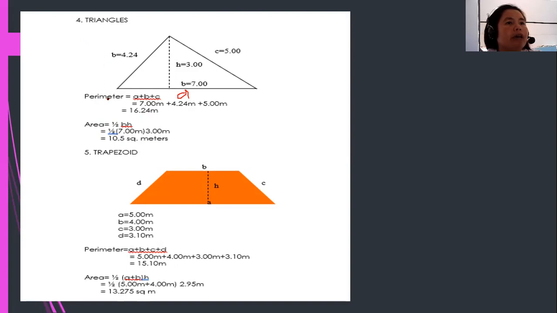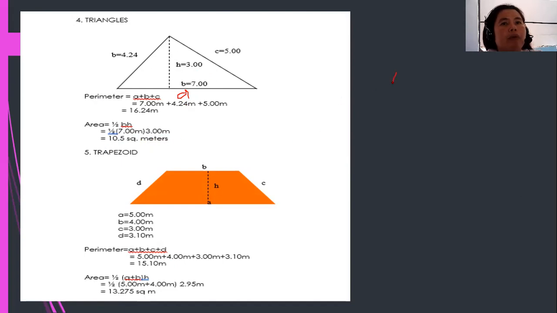The formula for the area of a triangle is 1/2 BH, where B is 7 and the height is 3 meters. So substitute B and H. So 1/2, the base, or the A, is 7 meters and the H is 3 meters. Then multiply.